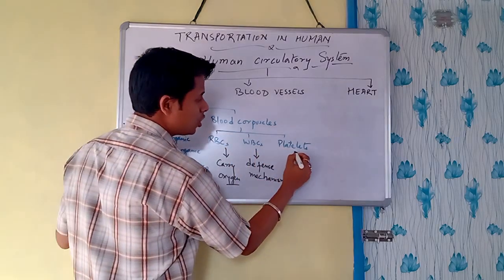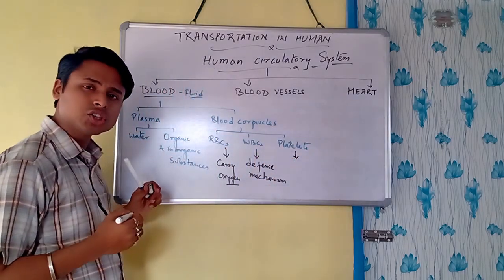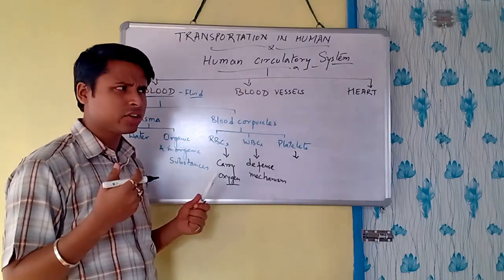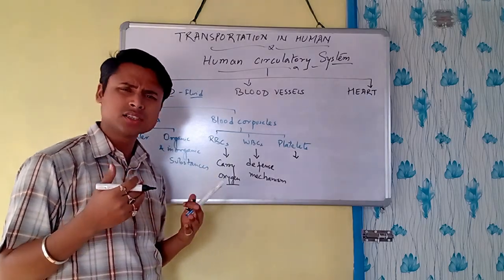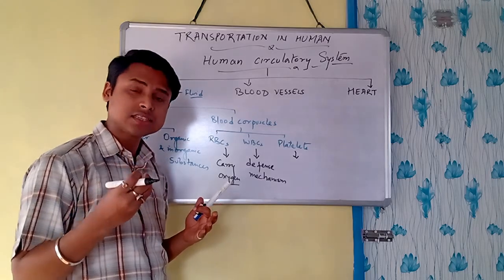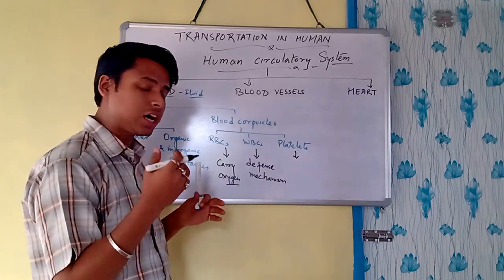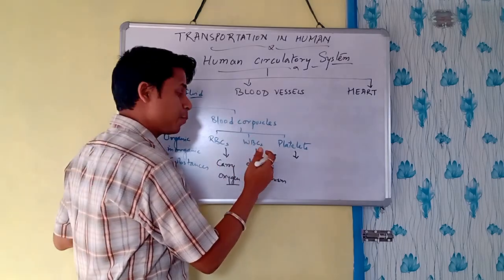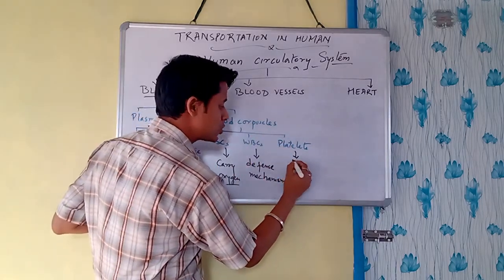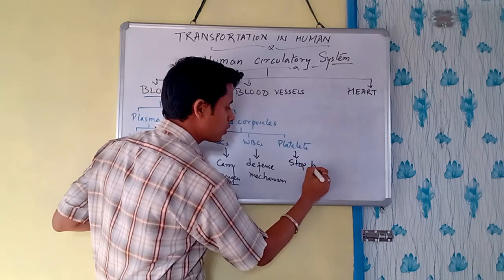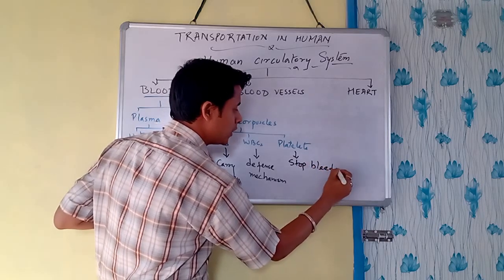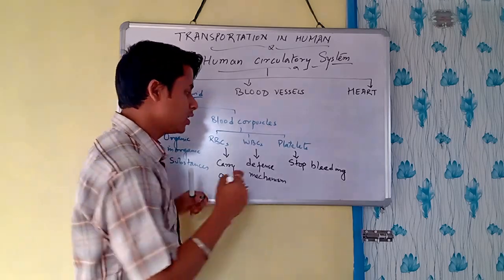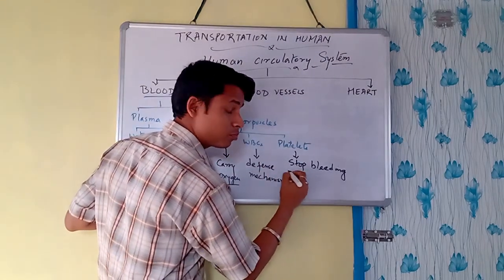Now the function of platelets. If we get injured while playing, or if we get cuts or bruises, and bleeding starts, these platelets come into play. They stop bleeding by clotting.